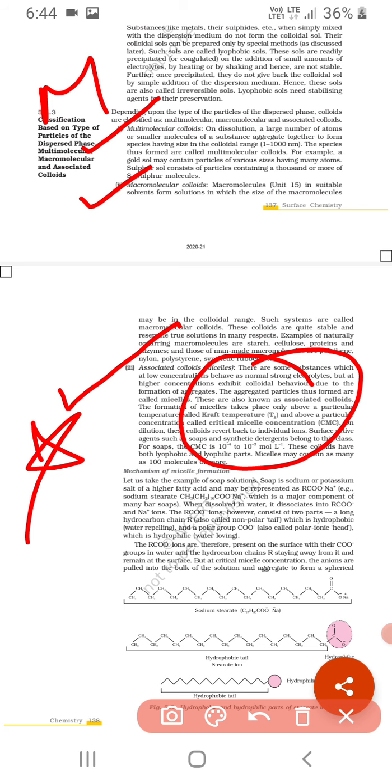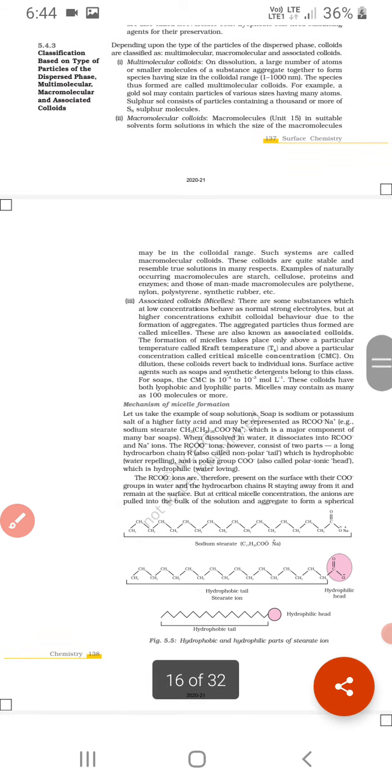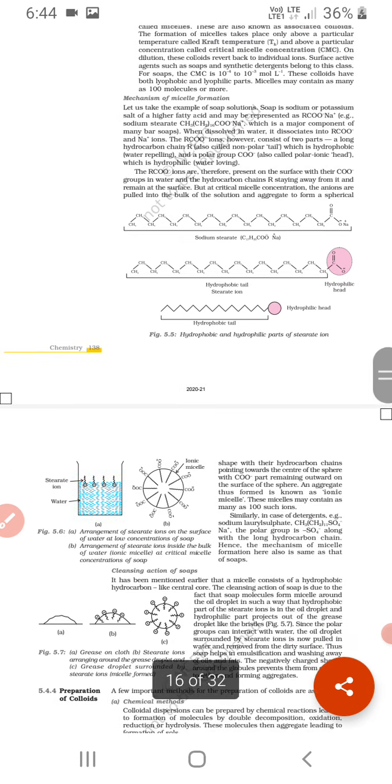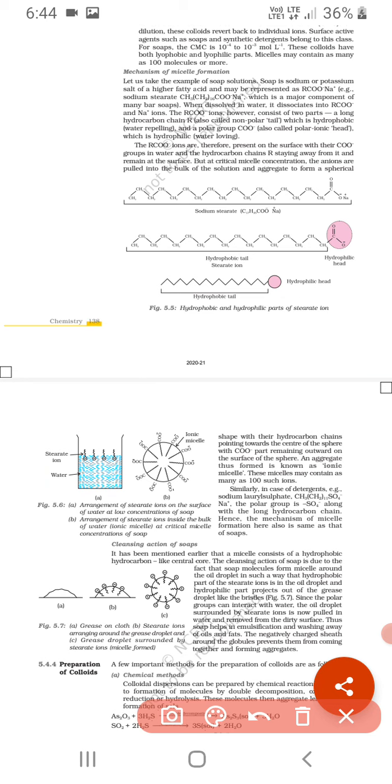Right? So we are going to discuss the mechanism of micelle formation by taking the example of soaps. Students, as we all know, a soap particle has two regions. First is hydrophobic and second is hydrophilic. The hydrophobic portion is the tail portion and the hydrophilic portion is the head portion, where the functional group is present.